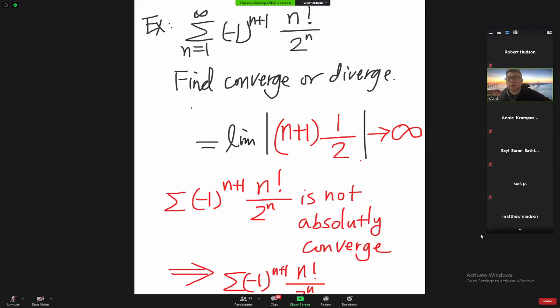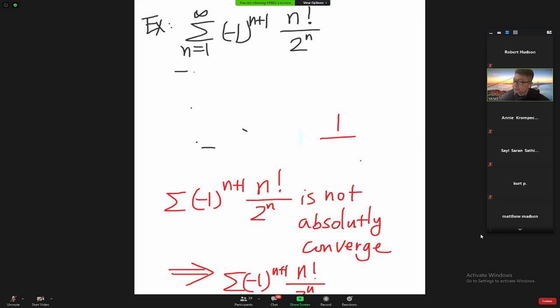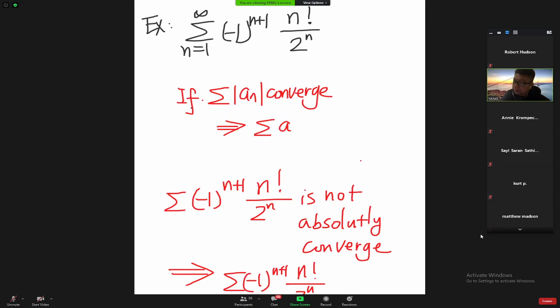Yes, diverge. Someone said diverge. Now I'm asking for the reason. If you have a series a_n, remember when we studied absolute convergence? We said, if the series of absolute values converges, then the series converges. Do you remember that?